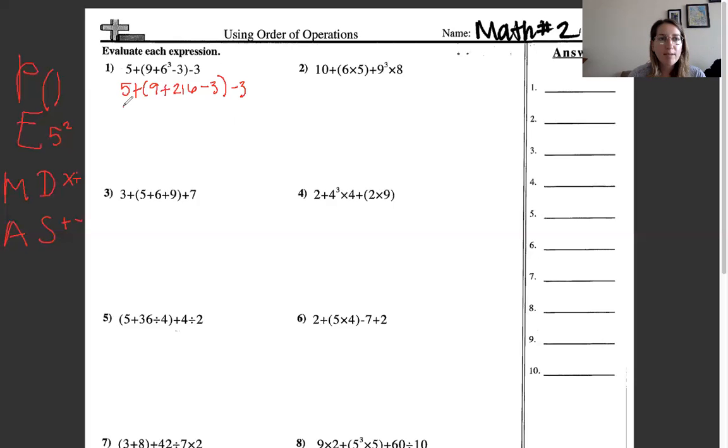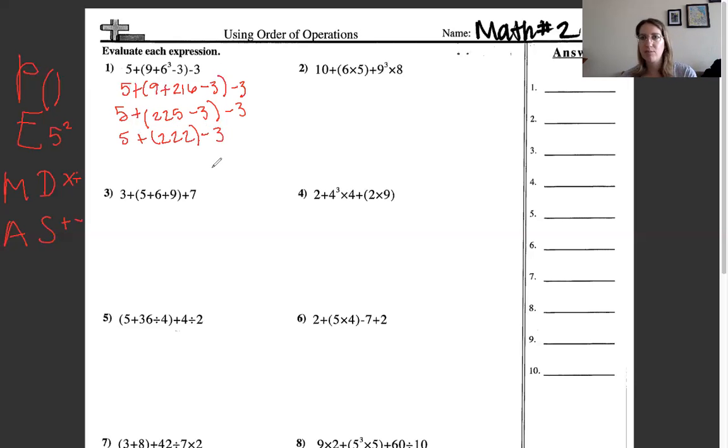But we're going to keep this 5 plus, and then 216 plus 9 gives us 225. So we're going to do our parentheses, 225 minus 3 plus 3. Then we continue working with our parentheses, and 225 minus 3 is 222.